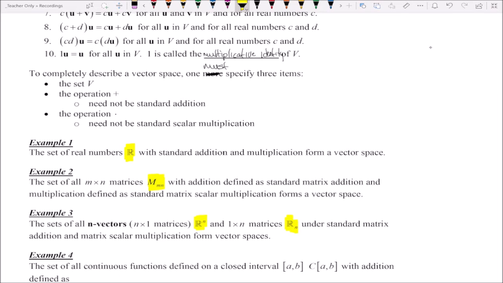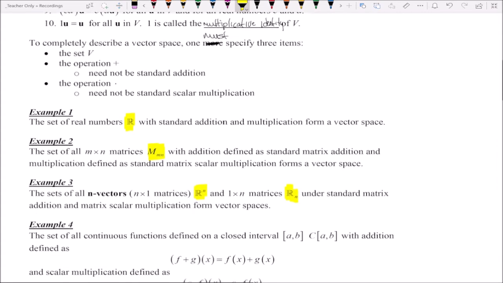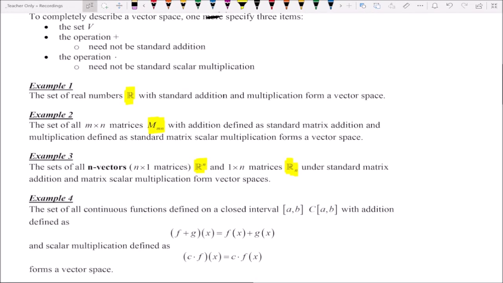Notice that this is just a special case of the set of matrices. The set of all continuous functions defined on a closed interval [a, b], denoted as C[a, b], with addition defined as the standard function addition, and scalar multiplication defined as standard function scalar multiplication.